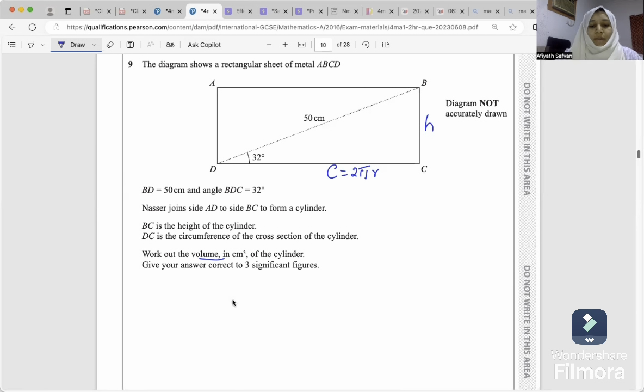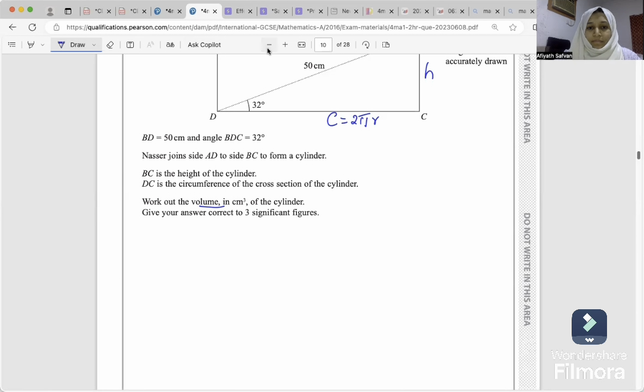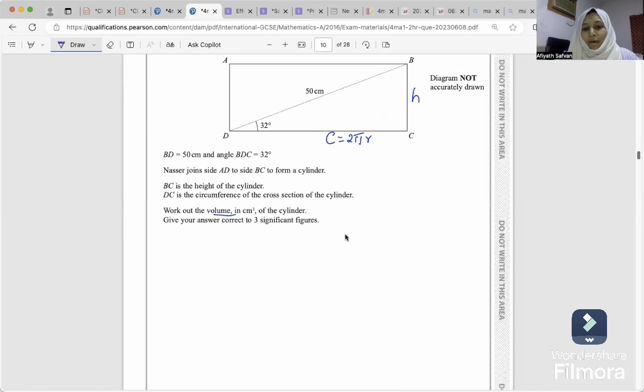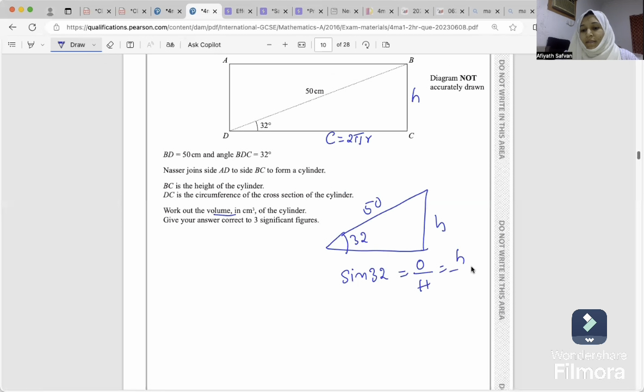Now, we have a triangle which is given here, where h is given, this is 32 and this is 50, right? So I know the hypotenuse and I want the opposite. So definitely I have to use the sine ratio here. So sine 32 is equal to opposite by hypotenuse, which is h divided by 50, or h is equal to 50 times sine 32, right?